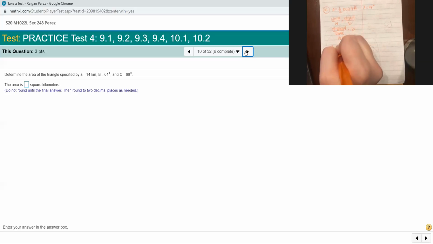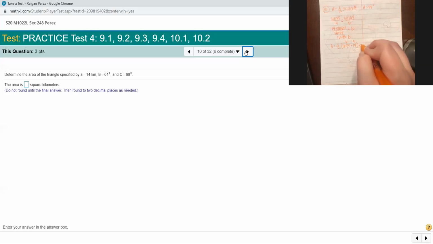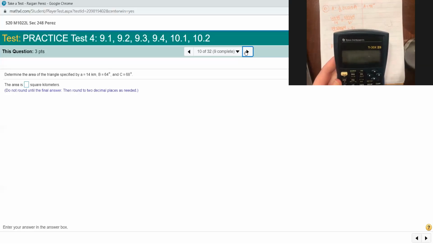So area is equal to 1/2 times 16.93 times 14. Those are the 2 side lengths I have. And since this was B and A, I have to use sine of the angle, not one of those 2. So sine of C, which is 68. So I'm actually, on here I wrote 16.93, but I'm going to use the answer given. I'm going to start with that.